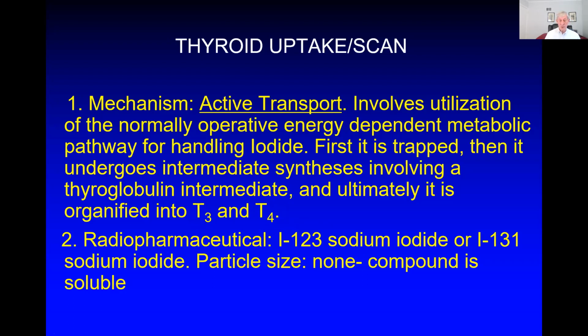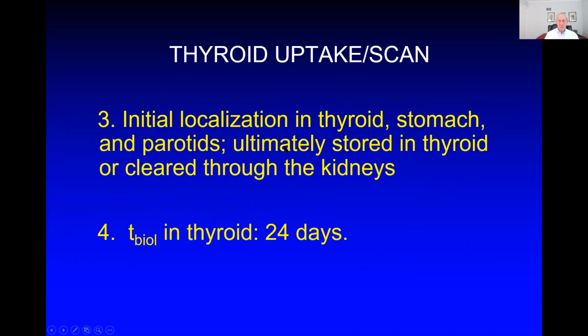It's really quite long. So the pharmaceuticals for active transport, it's the same mechanism, whether it's I-131 or I-123. The isotope is irrelevant. All that matters is the chemical form, which is iodide, simple iodide, like sodium or potassium iodide. So remember, active transport is the mechanism.